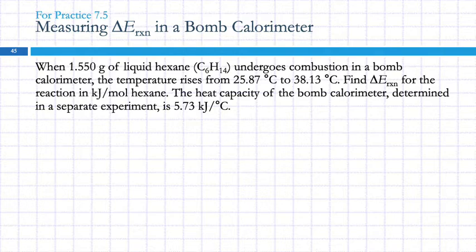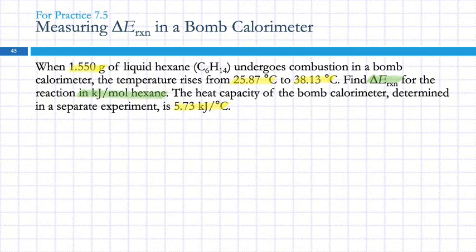Okay, so, the first thing is read the whole problem and go back and highlight the numbers. Got all the numbers, and then we're looking for what are they asking? Well, it's not a question, it's a command. Find this in kilojoules per mole of hexane.